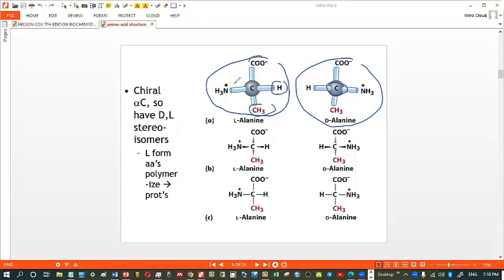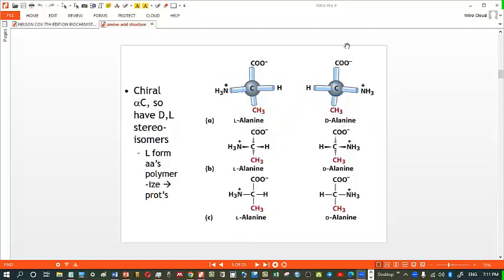That's why they are the chiral group. Okay. So there are 2 forms existing, L form and D form. So L form is most common form which is found in the body, and that's why we are going to discuss about the L form action at the physiological pH.